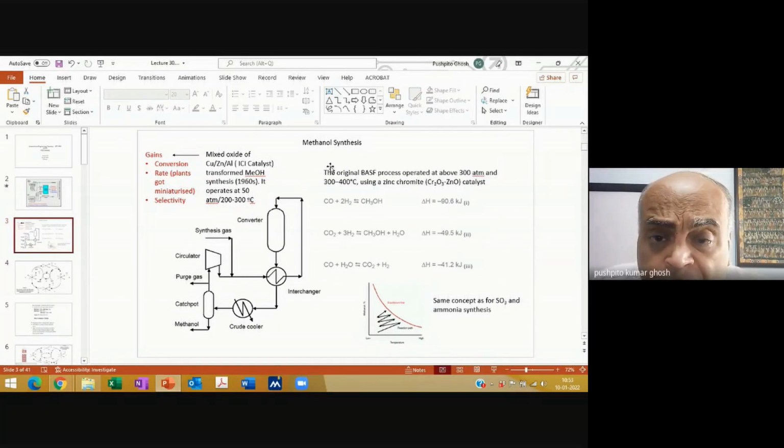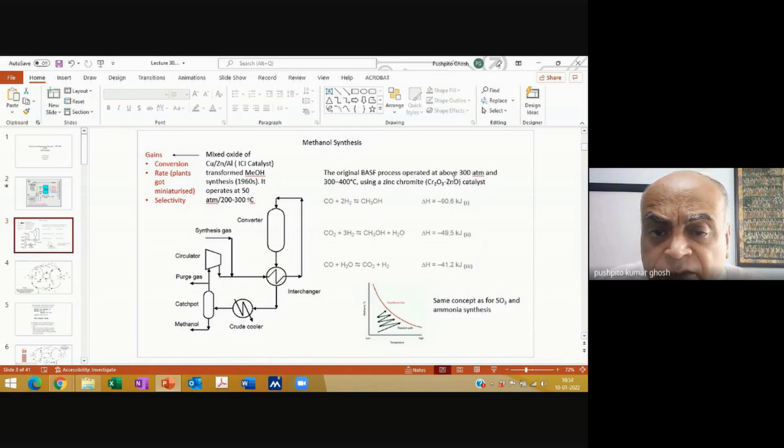But this was actually recognized by BASF almost soon after they had developed the technology for making syngas from natural gas and coal. Why don't we try to expand the utility of this stream that we get after steam reforming? Very soon after, I think within a couple of years, BASF actually came up with a catalyst, zinc chromite.